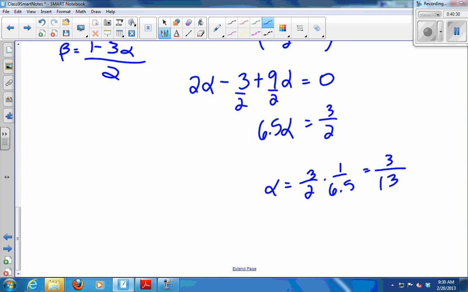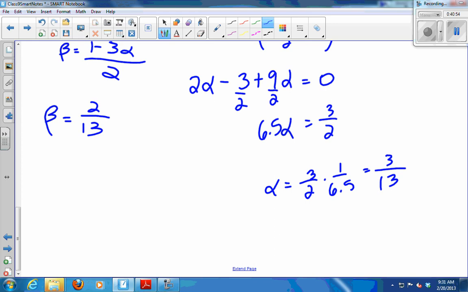Alpha is 3/13, which means that beta is 1 minus 3 alpha, over 2. So 3 alpha would be 9/13. 13/13 minus 9/13 is 4/13 over 2. 2/13. Thank you.